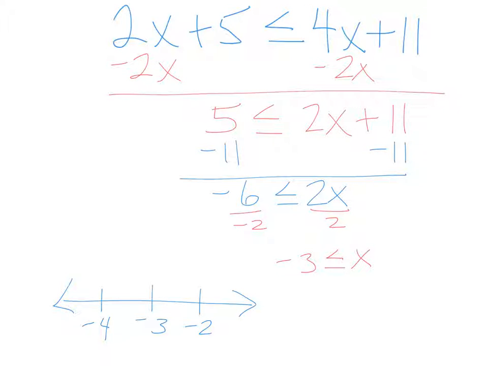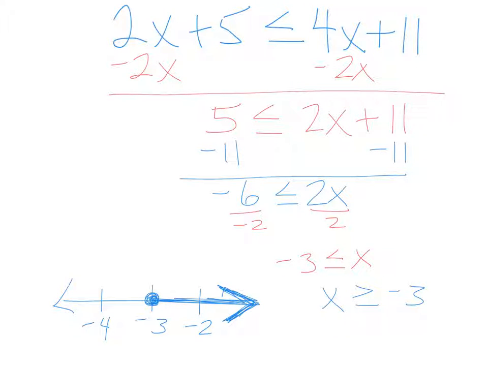So what I like to do to help myself out is take this inequality and switch it around so that the x is first. If you were to read it right to left, it actually would say x is greater than or equal to negative 3. So then I have a solid dot, and it's the numbers greater than or equal to negative 3.